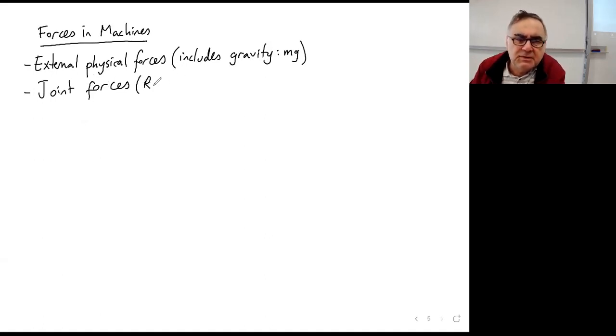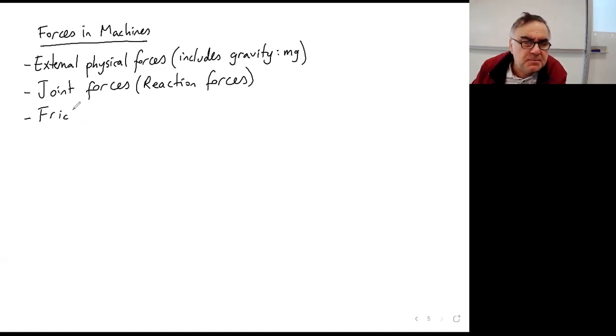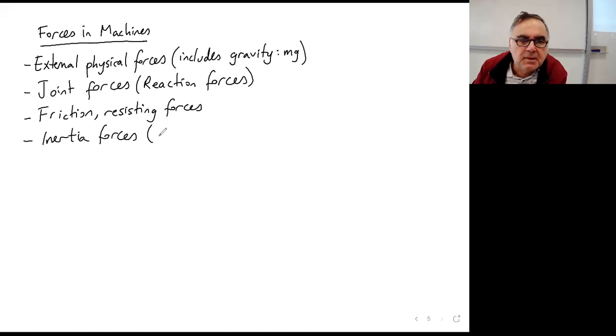Another name for this is the reaction forces. Then there is the friction force. And finally, there are the inertia forces, like the MA force, okay?